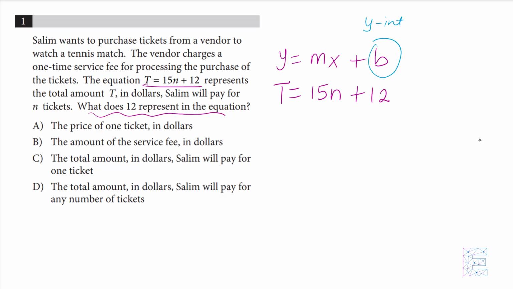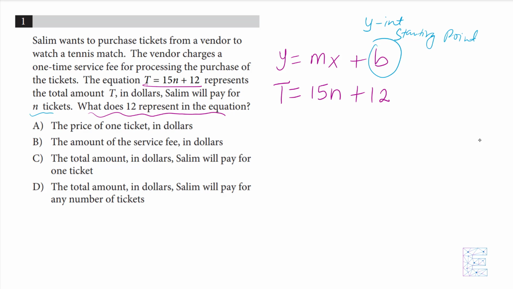But beyond that, it's the starting point. Salim, who's purchasing tickets to watch a tennis match, will be paying $15 per ticket, and 12 must be some kind of standard fee that you have to pay.